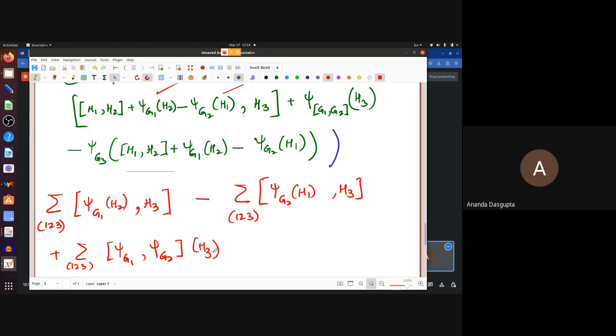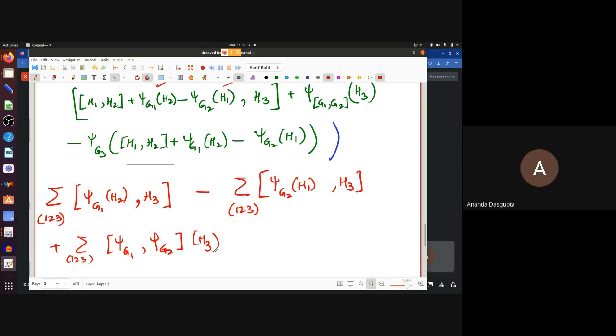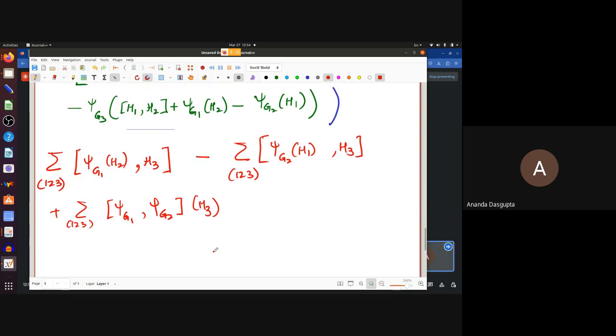Right? Yes, because remember, psi is a Lie bracket homomorphism as well. Or maybe I will write this out a bit more explicitly. One important thing: the original brackets in each of the algebras could be some abstract bracket. But the bracket between psi g1, psi g2 is a bracket in a space of linear operators acting on a space. That's actually a commutator, right?